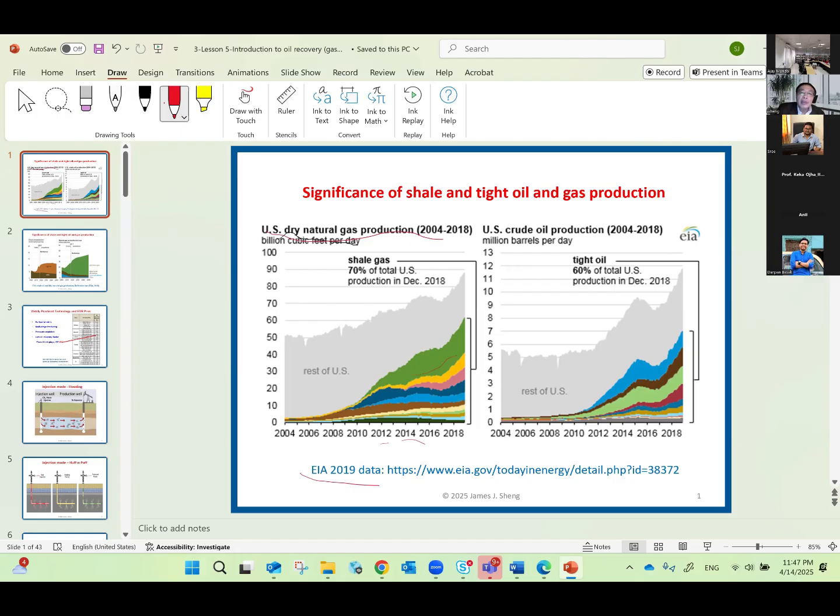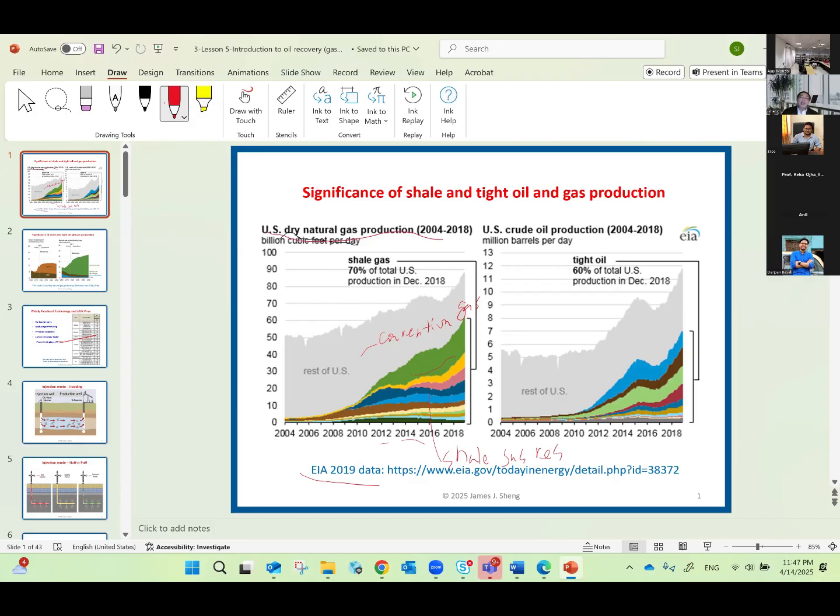The different colors represent the gas production from different basins. Above is conventional reservoirs, and the bottom colored ones are shale gas reservoirs.